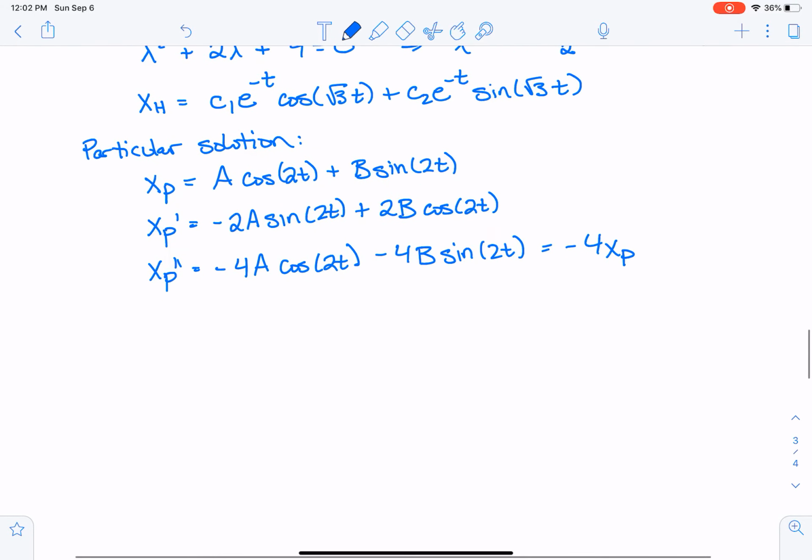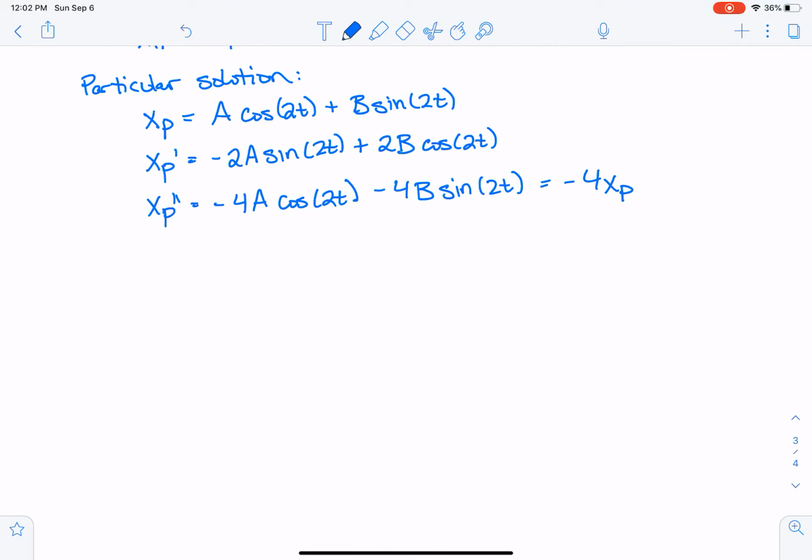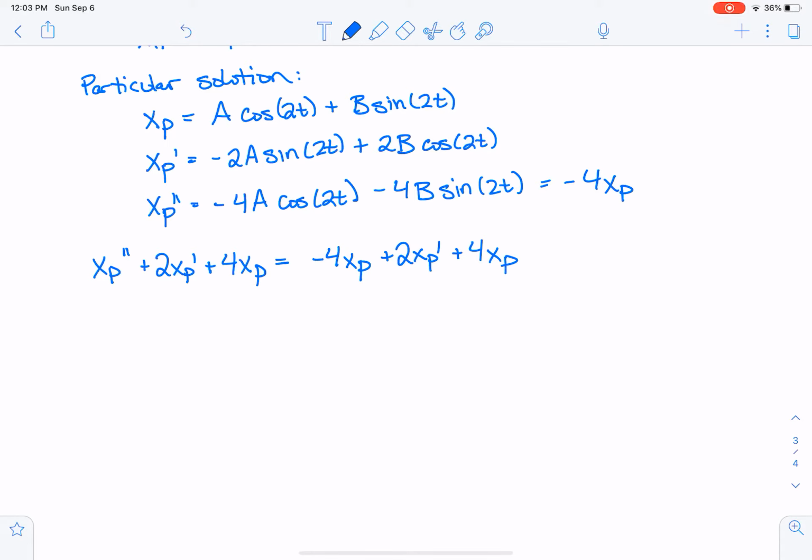So let's substitute that back into our differential equation. So we have xp double prime plus 2xp prime plus 4xp. And so that's going to end up being minus 4xp plus 2xp prime plus 4xp.